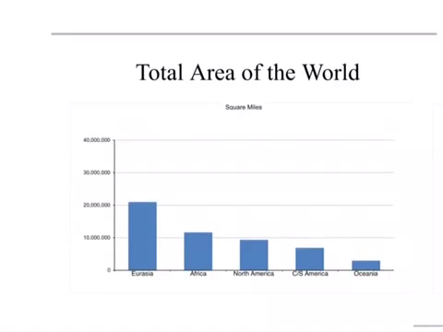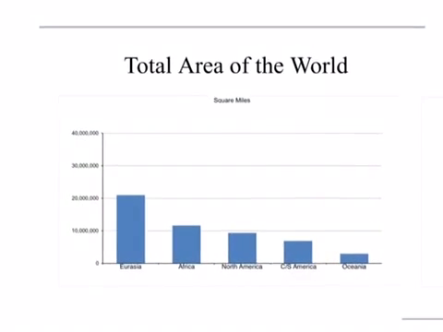This is obviously not including the oceans and the water, but if you're going for total land area, Eurasia, again, there's really not too much of a geographical difference between Europe and Asia. It's really just one big continent. For purposes of making stuff easier for ourselves, we divide it into two. But Europe and Asia is most of the land.